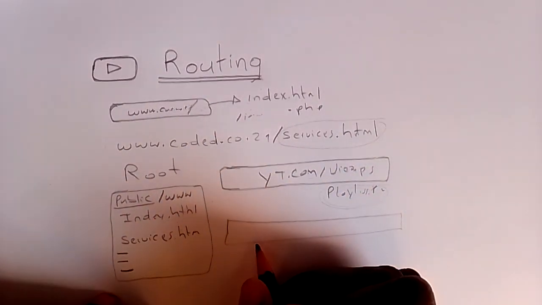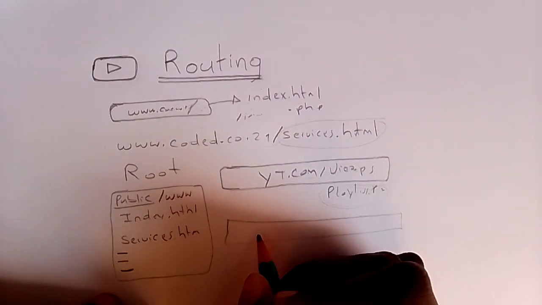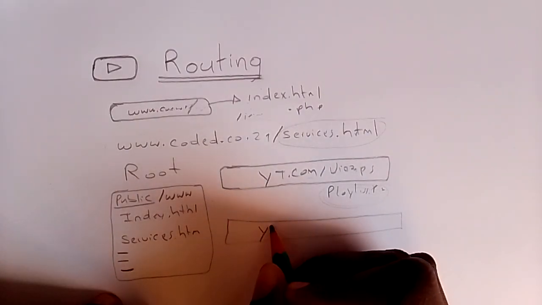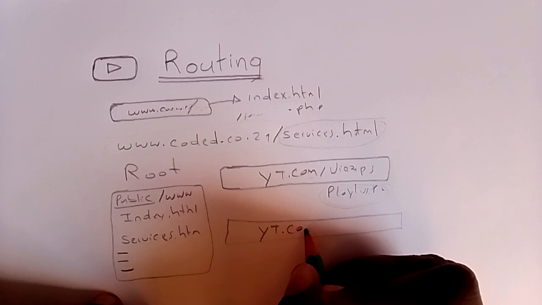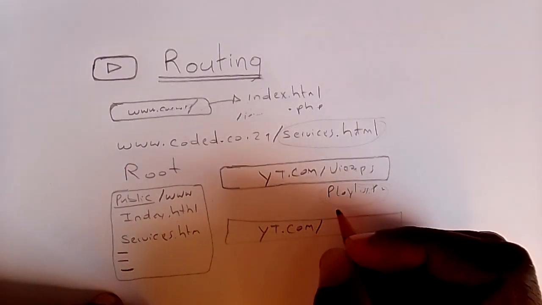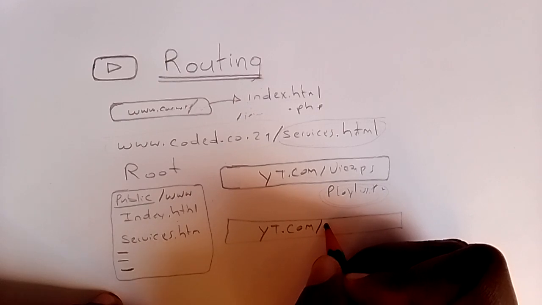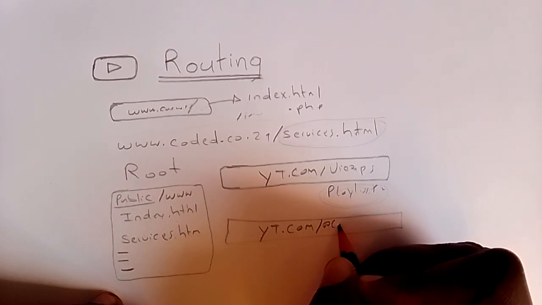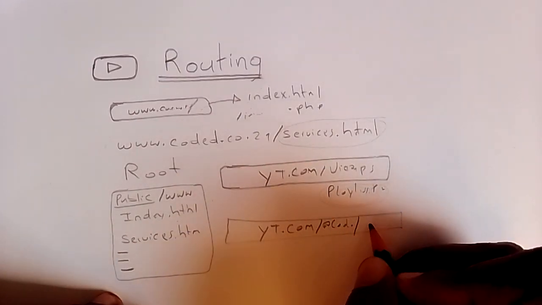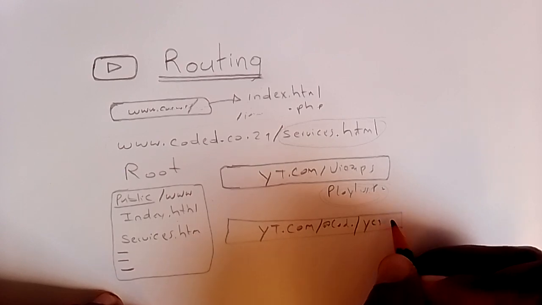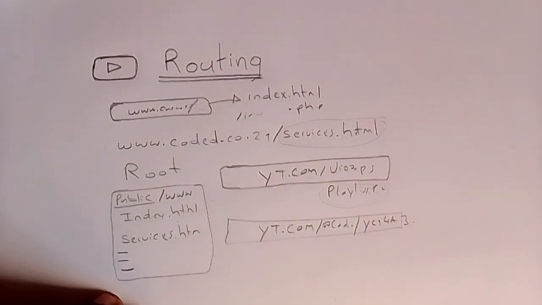With YouTube URLs, you will see something along the lines of youtube.com/ and then, let's say, the name of my YouTube channel, something like @codeddesign, and then a string of alphabets and numbers, like maybe YC74AD, and that's it.